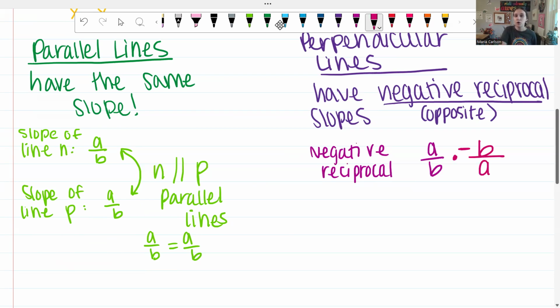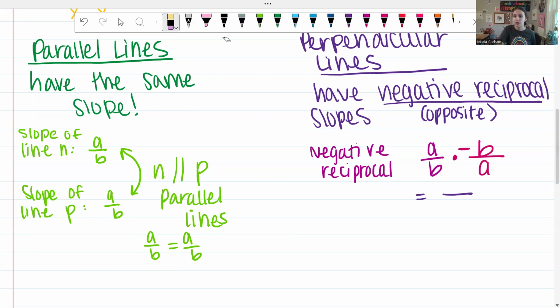And when you multiply across the top and across the bottom, A times negative B is negative AB, and B times A is also AB. So this is just negative 1. They really just cancel each other out and you're left with negative 1. So your negative reciprocal multiplies to negative 1.